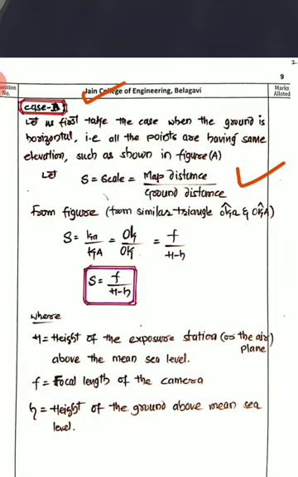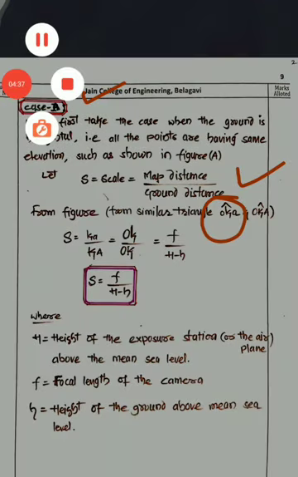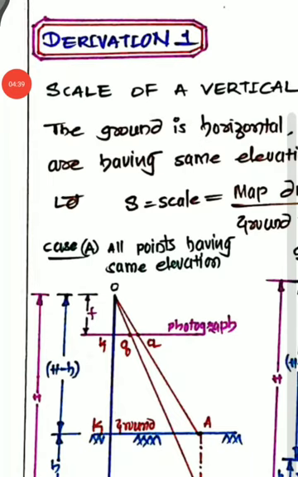Now if you take the two similar triangles, O small k small a and O capital K capital A, then small ka divided by capital KA equals O small k divided by O capital K. Based on similar triangle properties, this side, small ok, divided by capital OK, this side.